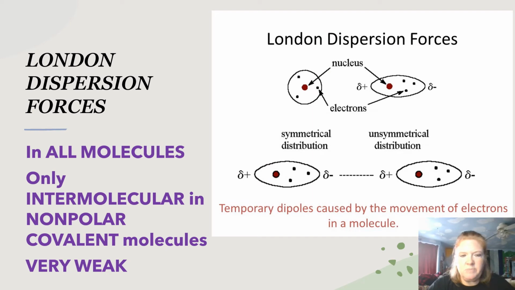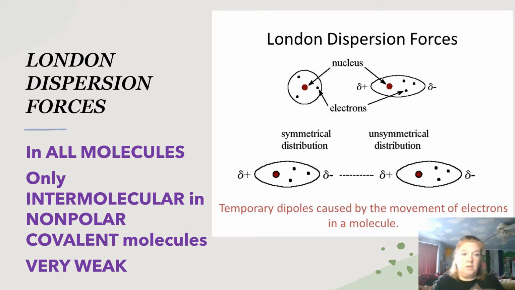All right, so London dispersion forces first. That's in all molecules. So all covalent compounds, they all have London dispersion. But it is the only intermolecular force that's in non-polar covalent, so very weak. London dispersion are the weakest van der Waals forces, and they're the only ones in non-polar covalent.